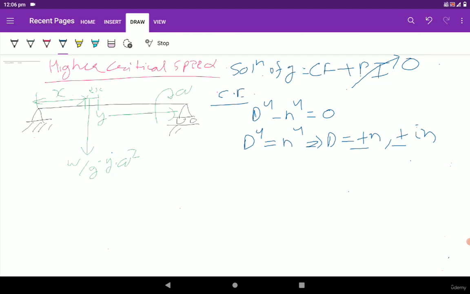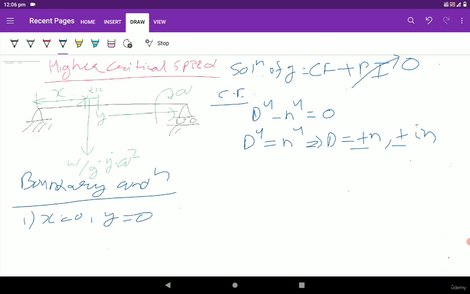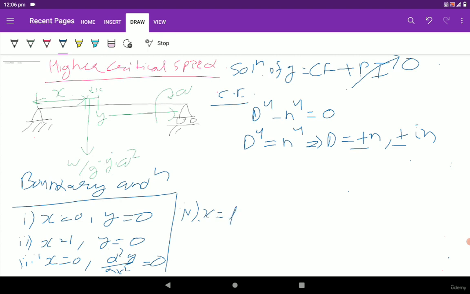And the boundary conditions, you should remember the boundary conditions for this case. First is x equal to 0, then y equal to 0. Second case is x equal to L, then y equal to 0. The third case is x equal to 0, then d square y dx square equal to 0. And the fourth case is x equal to L, then d square y dx square equal to 0.